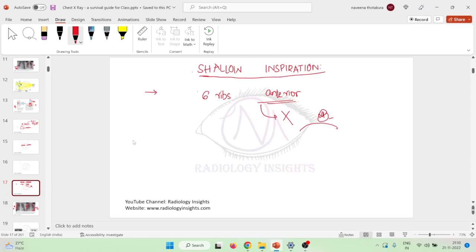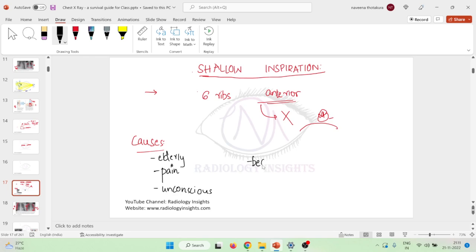Now, what are the causes of shallow inspiration? This shallow inspiration is seen in elderly patients who cannot inspire properly, or if the patient is in pain, obviously he hesitates to inspire deeply. If the patient is unconscious, obviously you can't tell an unconscious patient to inspire.